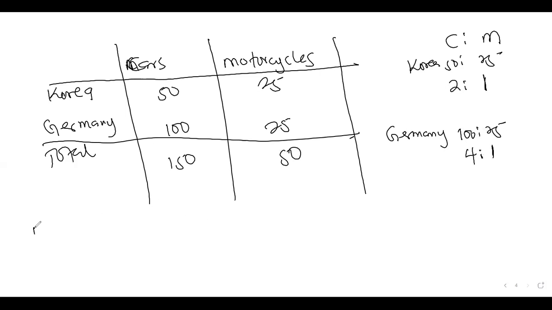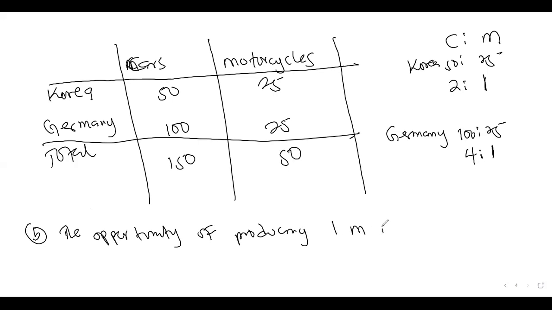Now, here, the opportunity cost of producing one motorcycle in Korea is 2 cars. Okay, 1 to 2. That's why I made it 1M. So one motorcycle in Korea is 2 cars.